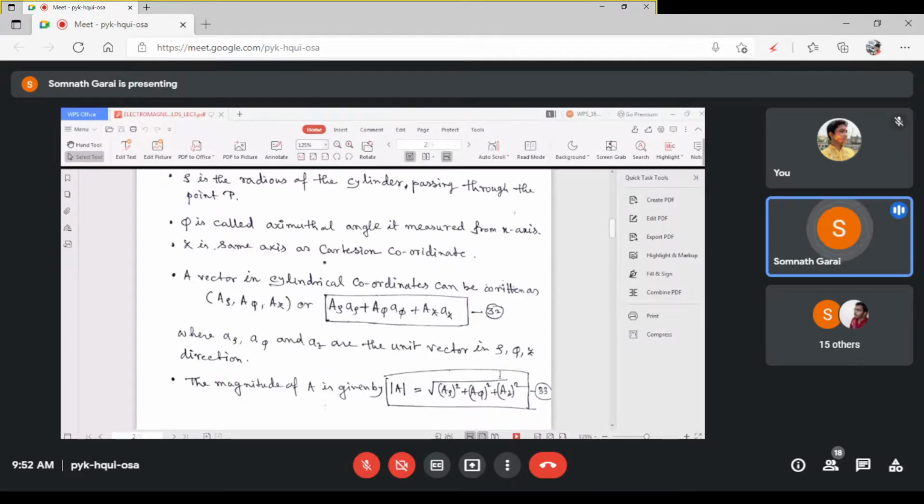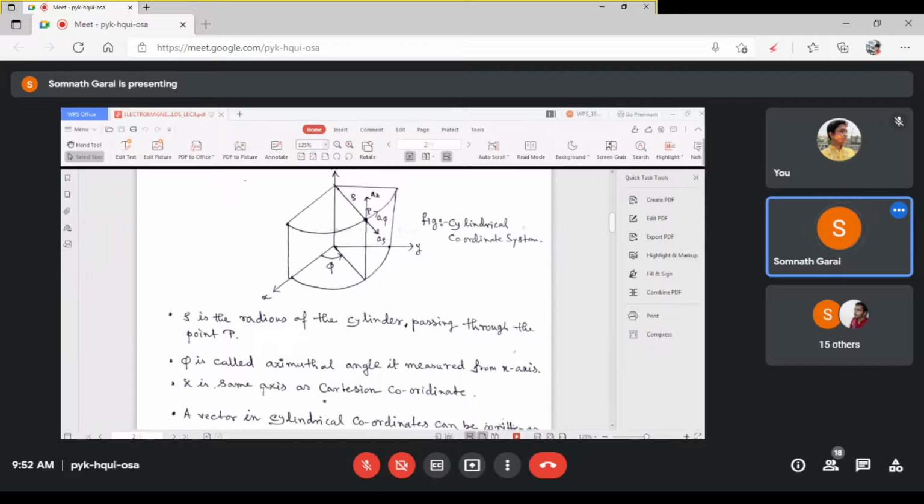Now if you cut it vertically into 4 pieces, then after cutting there is an x-axis, y-axis, and z-axis. This is the z-axis, and if you cut it vertically into 4 pieces, then the other two sides are the x-axis and y-axis. Got my point? Yes, sir. Thank you, sir.